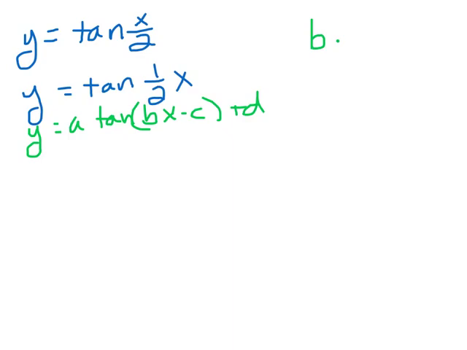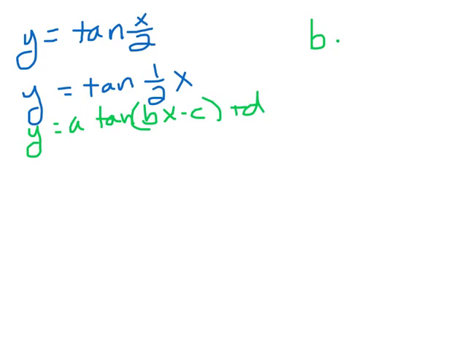If you were to do a table of values, as a matter of fact, if you have your graphing calculator, get it out, or Desmos if you've got your computer open. Go in and graph tangent of x divided by 2, which is the same thing as 0.5x if you want to enter it in that way.